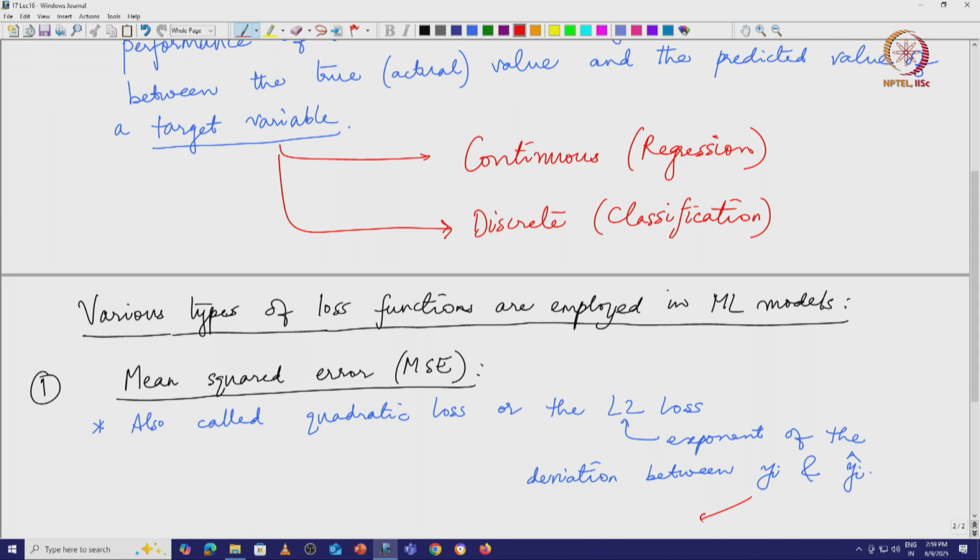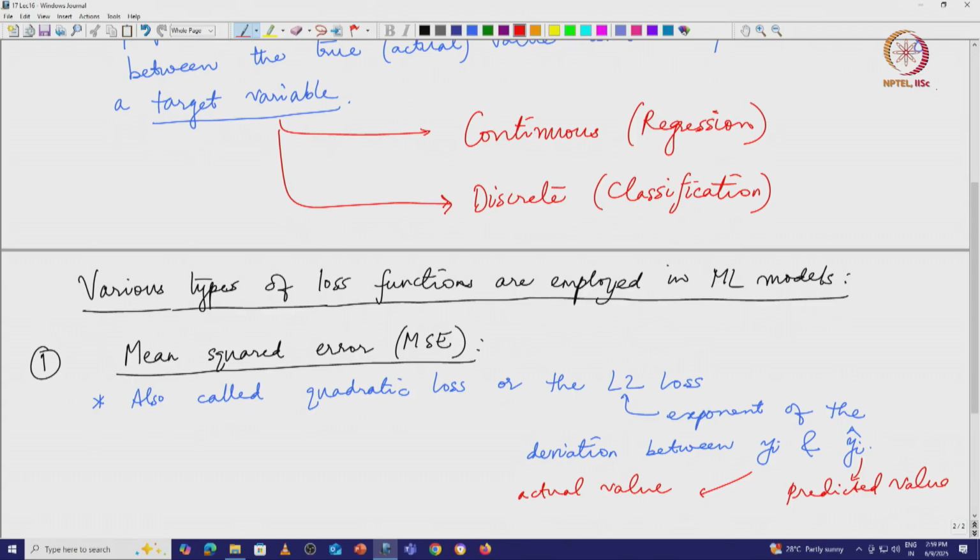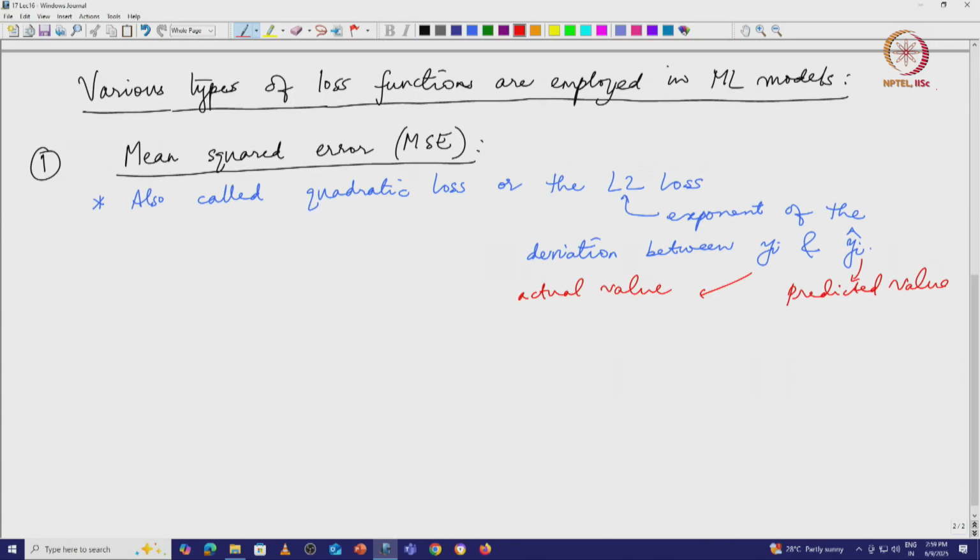So, yi is the actual value or the true value, and yi hat, as you know by now, is the predicted value. Okay. So, this MSE is called the quadratic loss or the L2 loss.